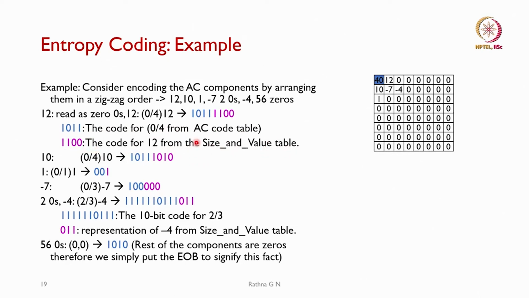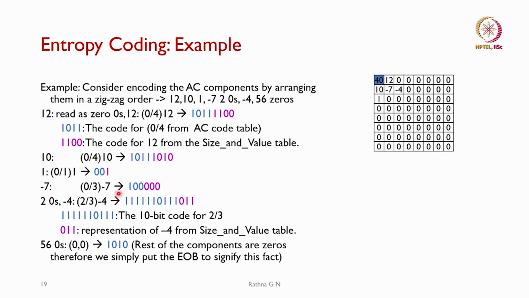That is what you will be sending. Then for 10, you have 0/4, which is given with respect to this value. If it is 1, you will see 0 0 1 at the end, and -7 is the next one. These are the values you are sending. Sorry, it is not 10, it is the decimal value 10, and this is the decimal value 1. So, you will be sending it like this.